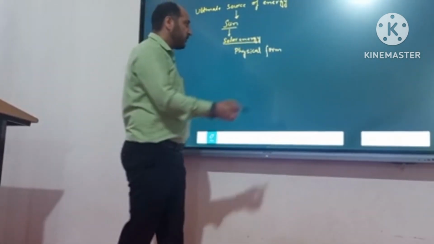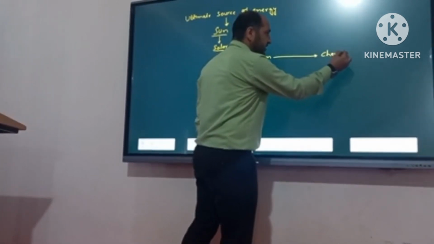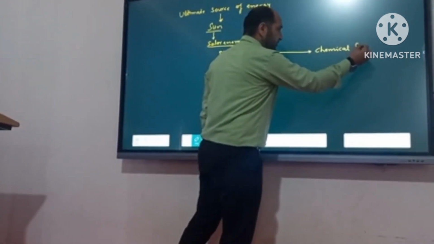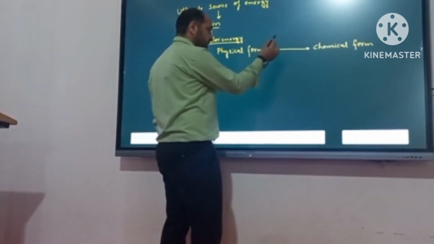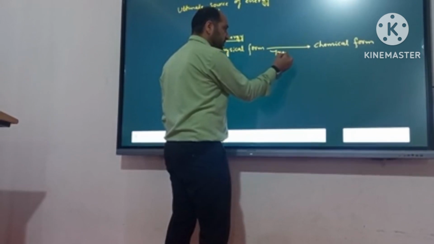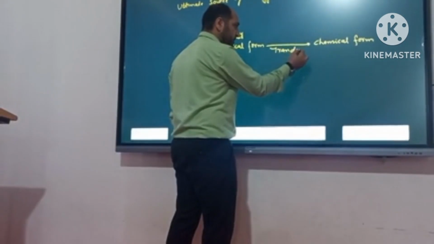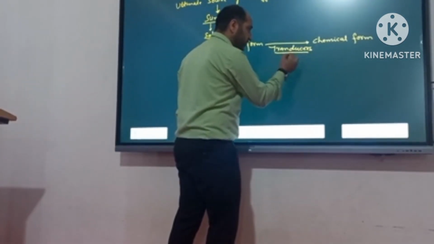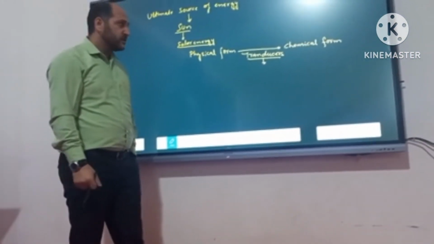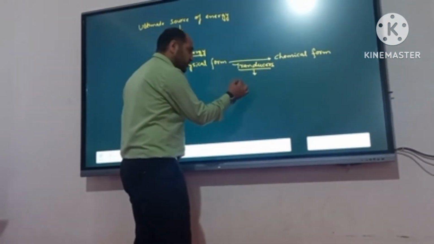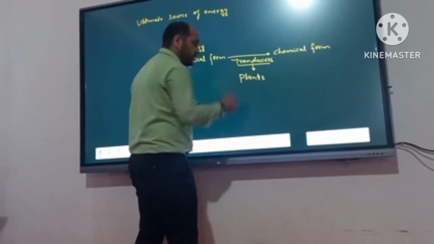This physical form of energy is converted to the chemical form of energy by the process of photosynthesis, and the organisms which can convert it from the physical to the chemical form are known as transducers. The most effective transducers are higher plants.